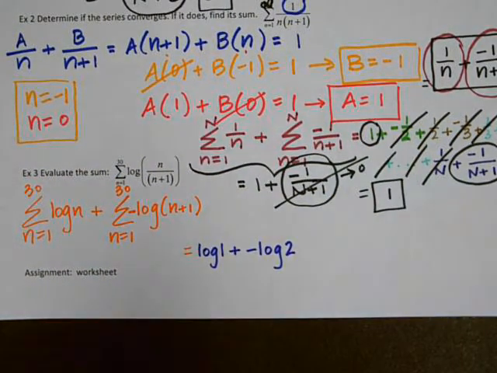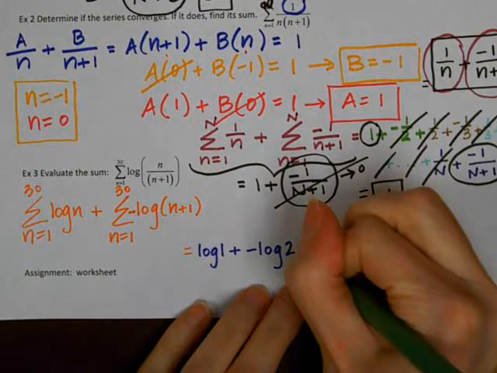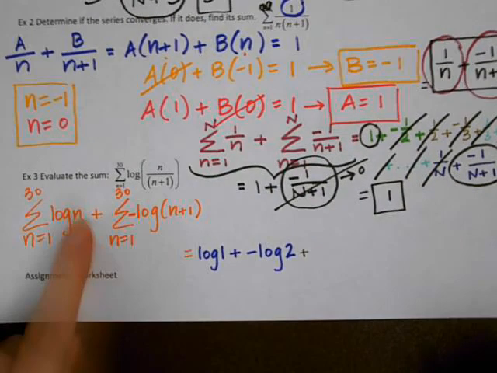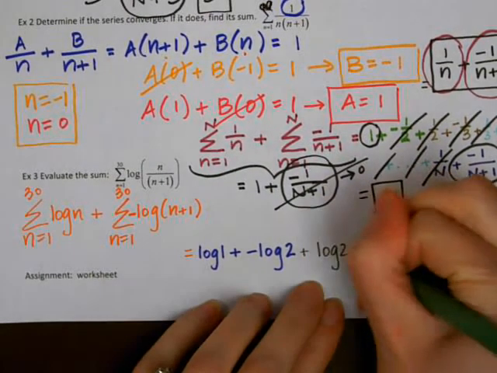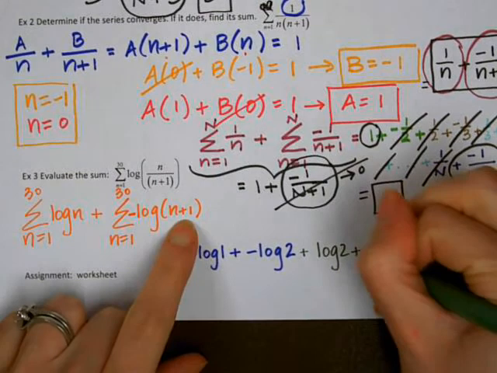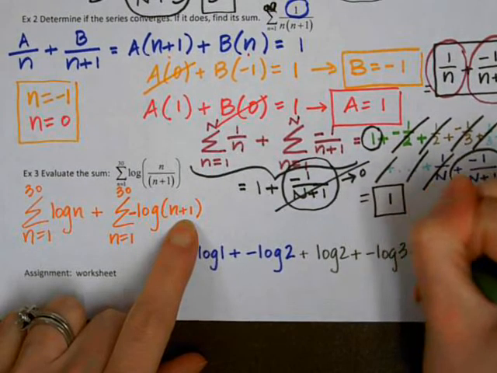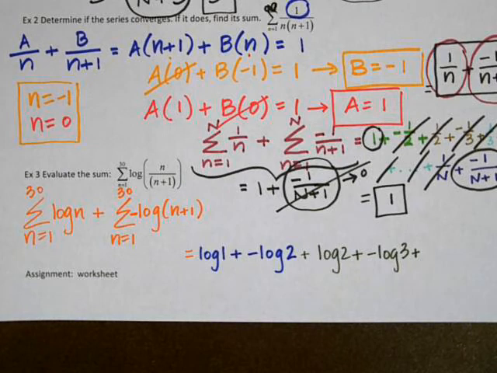All right, we're just going to list our terms and see if we see a pattern. Then let's plug in n equals 2. So when you plug in n equals 2, this is going to be log 2 plus negative log 3. All right, let's do it one more time, now n equals 3.